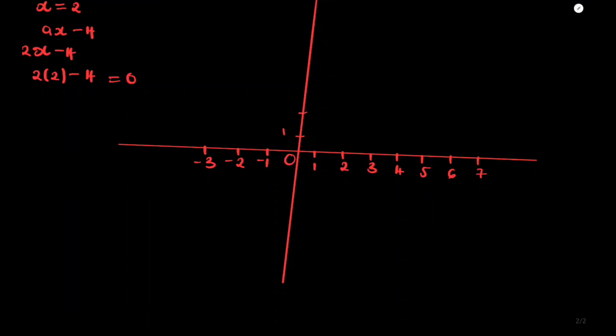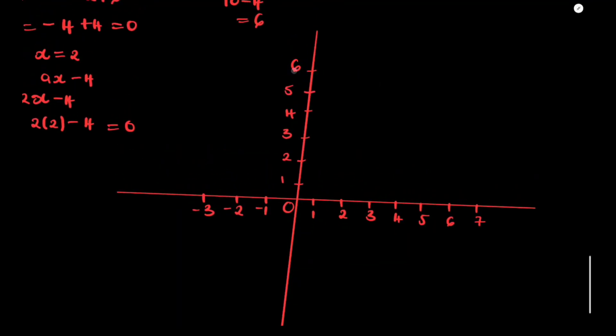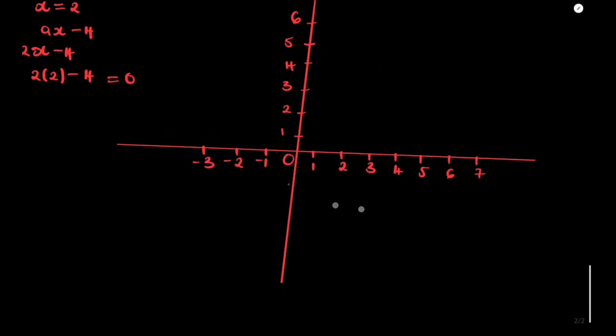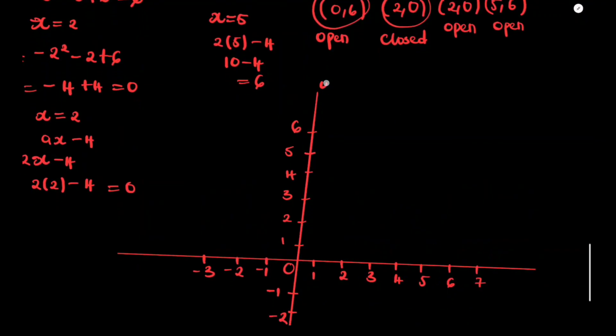This is 1, 2, 3, 4, 5, and 6. For the y-axis, there are no negative numbers, so we just have -1 and -2. Okay, let's plot. This is the y-axis, this is the x-axis.